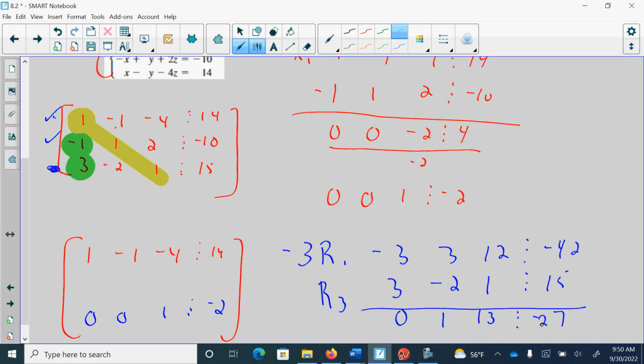Then this is 0, 0, 1, 13, -27. That turned out really nice, because I have the main diagonal as ones and all these as zeros, so now I can just do the back substituting. Especially if you get that one wrong, you're done. You're going to get them all wrong.